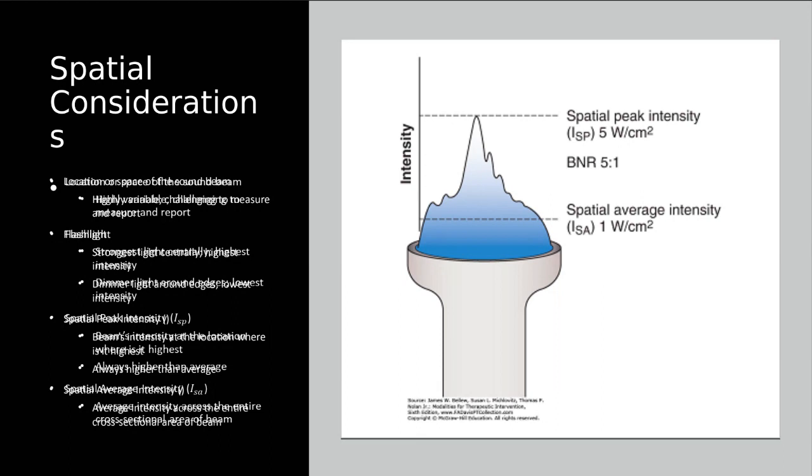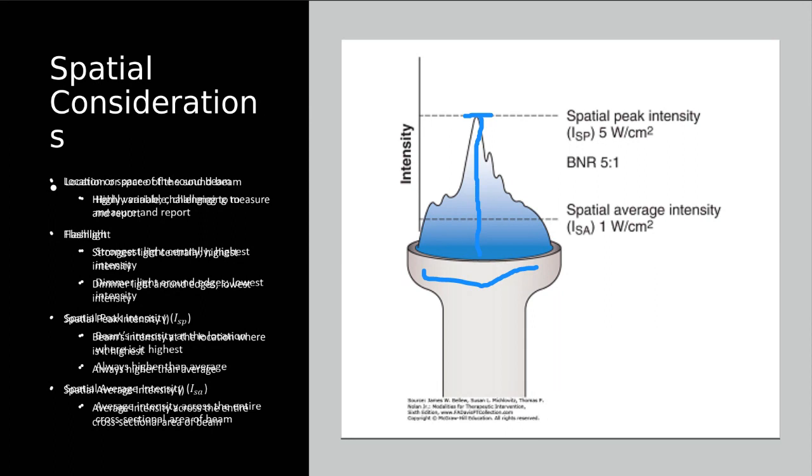So if we look at our little picture here, this is our flashlight, right? This is our transducer. So we know our beam is going to be really intense centrally, right? So as it's traveling a distance, whoop, we kind of meet our maximum, right? So that's going to be our spatial peak intensity.